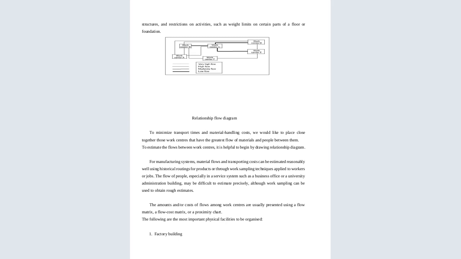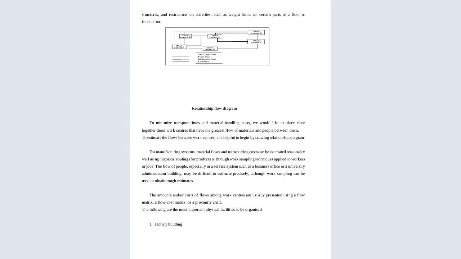To minimize transport times and material handling costs, we would like to place close together those work centers that have the greatest flow of materials and people between them. To estimate the flows between the work centers, it's helpful to begin by drawing relationship diagrams.